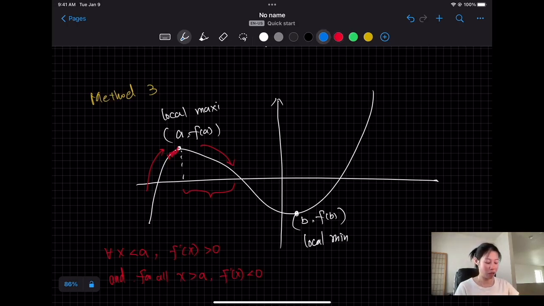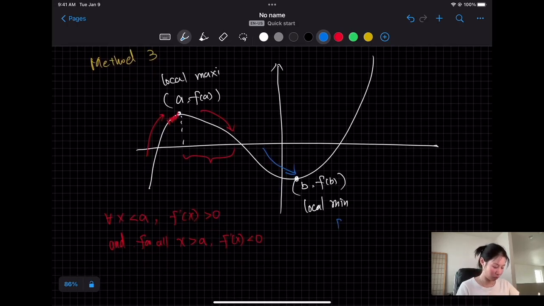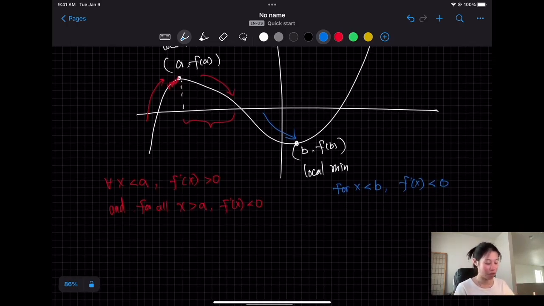So we can use a similar trick for b. For all x on the left side of b, we have the first derivative, since it's going down, so that means the first derivative is a negative number because the slope is negative.